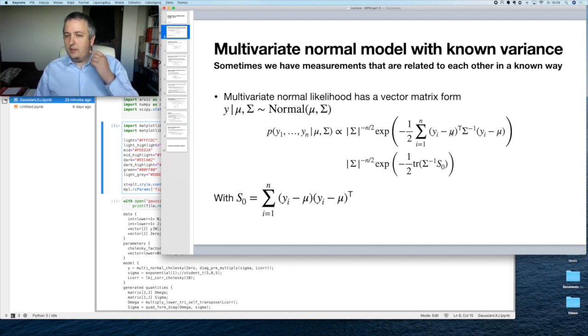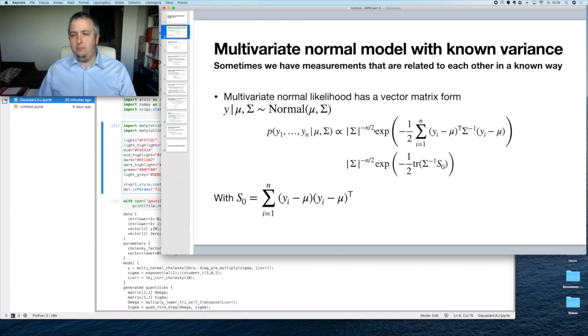So as you can see, the distribution consists of the determinant of the covariance matrix to the power of minus n divided by 2, times the exponential function of a sum of quadratic forms on the inverse of the covariance matrix.